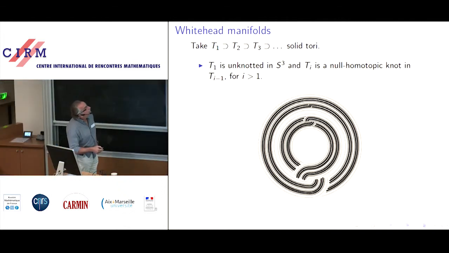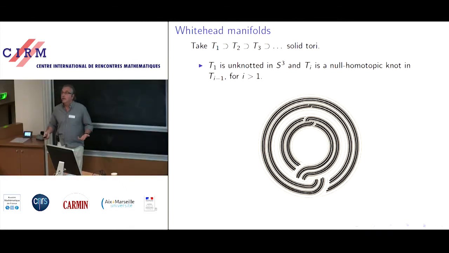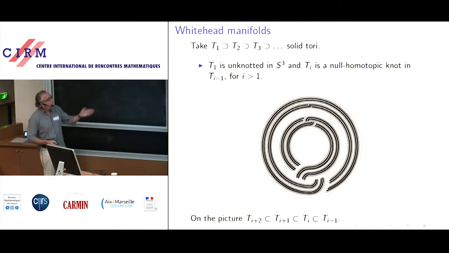Then there is a third one, which is a tubular neighborhood of a curve in the second one with the same knot, the same way. So it's recursive. And then there is a fourth one with a knot here. Okay, so the construction is quite clear. You take a curve which goes twice around, and there is a knot somewhere, take a tubular neighborhood, and you repeat the construction.